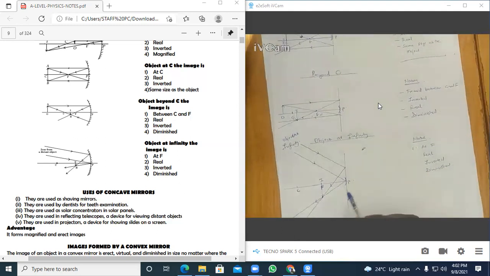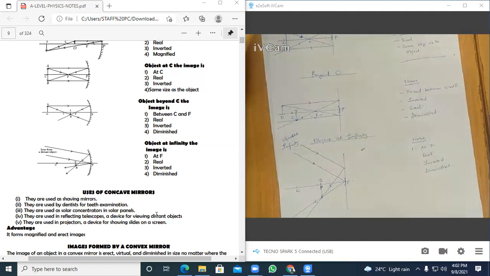We shall look at where an image is formed between F and P when we have composite mirrors, one mirror and another mirror. That's when you can have an image formed here. We have already looked at the uses of concave mirrors, and these are the uses.